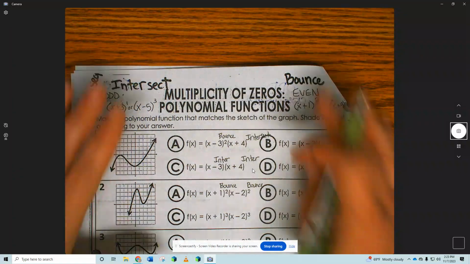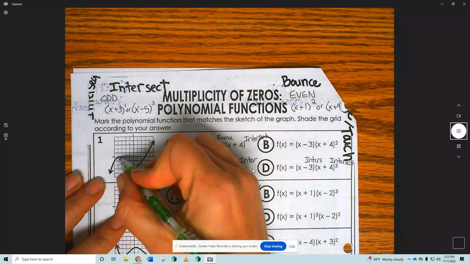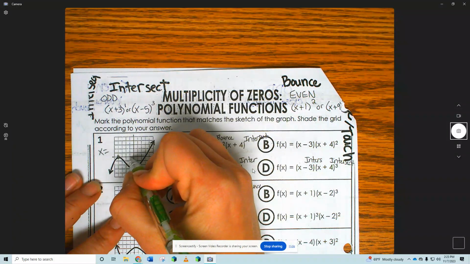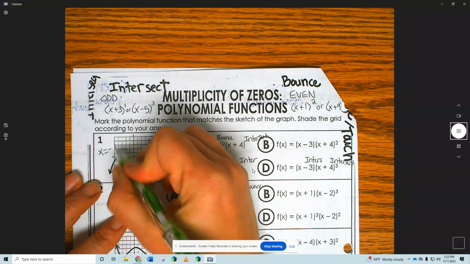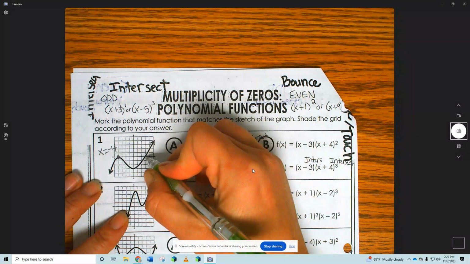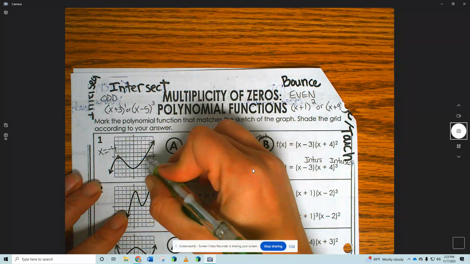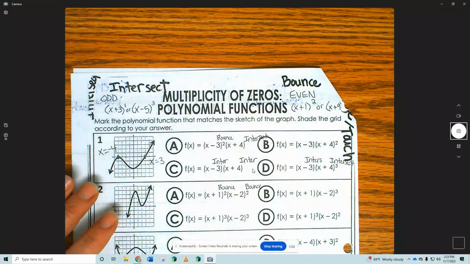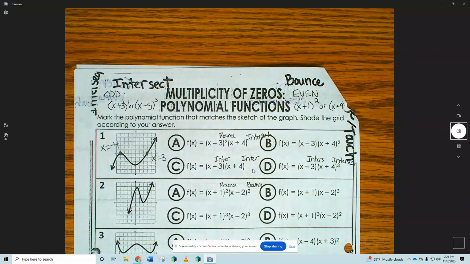If my 0 is here, -1, -2, -3, -4, and my 0 is here, right? Isn't that where it is? At -4, it's supposed to bounce.